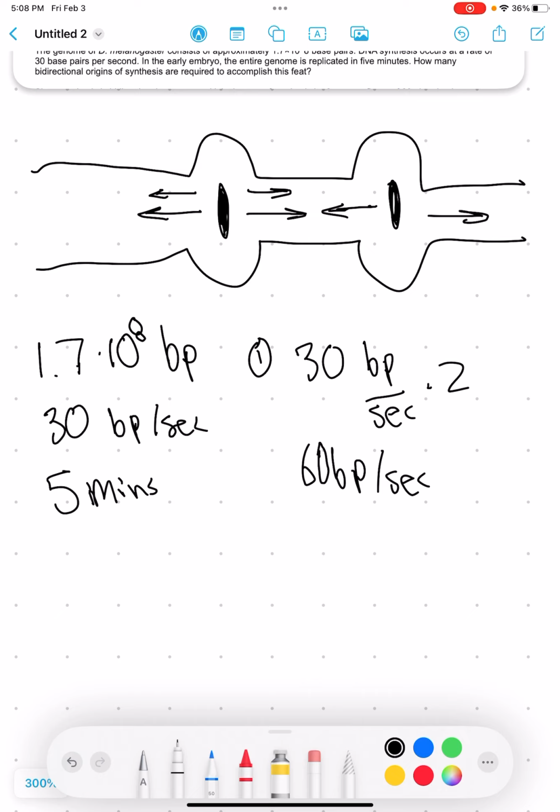Then we need to take the base pairs per second and multiply it by the amount of time it takes to replicate the entire genome.